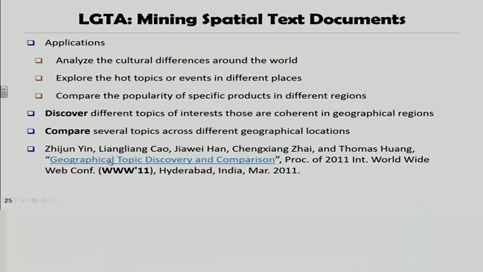One paper I'm going to introduce is by Zhijun Yin, Geotopic Discovery and Comparison, published in the 2011 WWW conference. Liang Chao is doing similar things at IBM Research, doing geocoded trajectory discovery, and the others are professors, right?